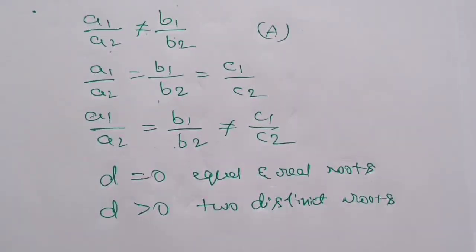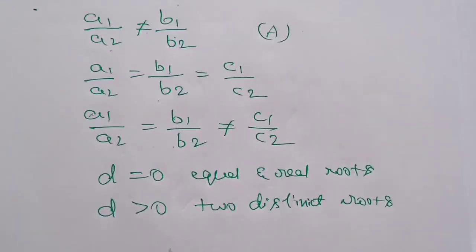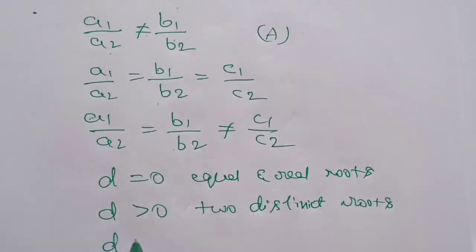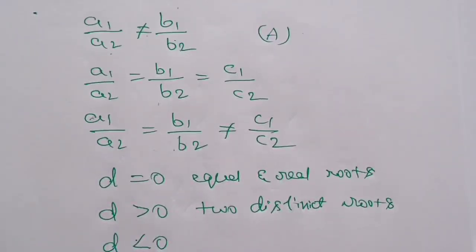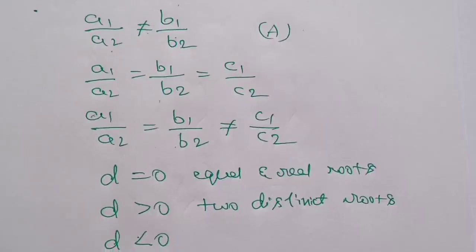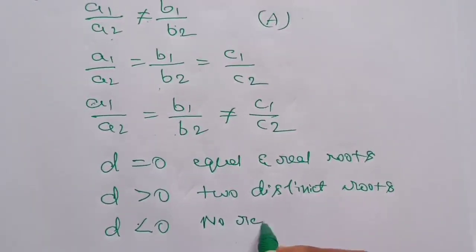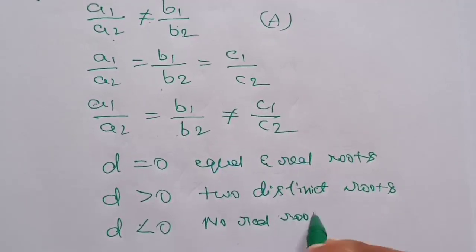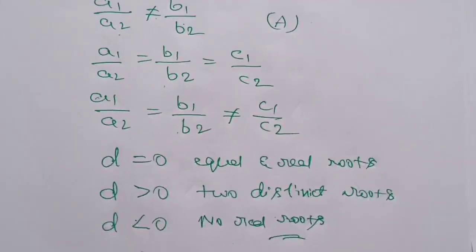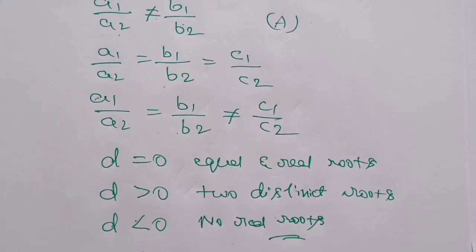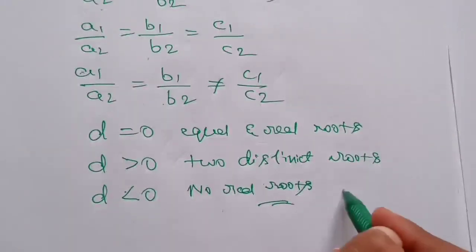Now I come to the point. If the value is lesser than 0, nothing but the minus values, then it is called no real roots. So all the minus values. In the question, the discriminant of the quadratic equation is minus 33, right?